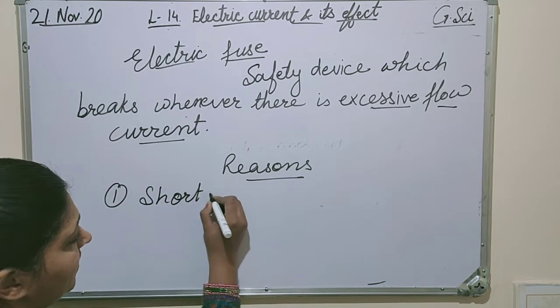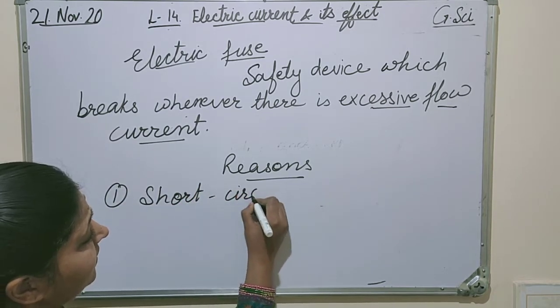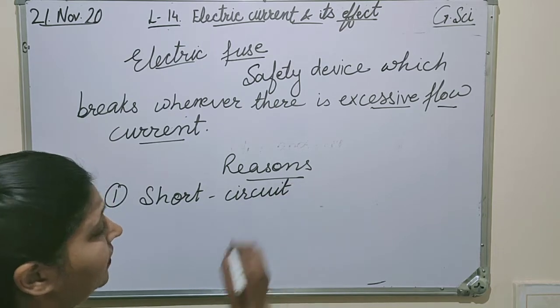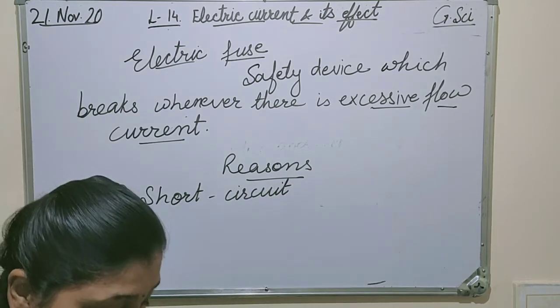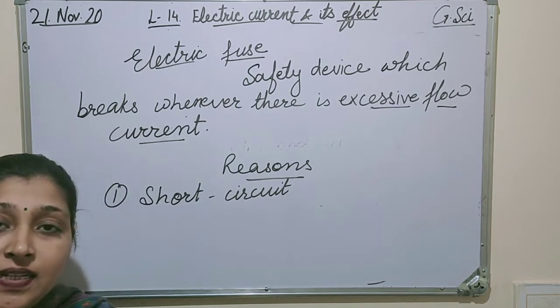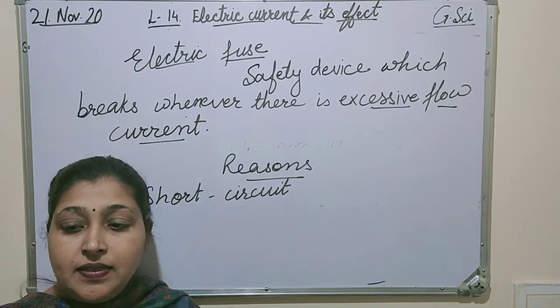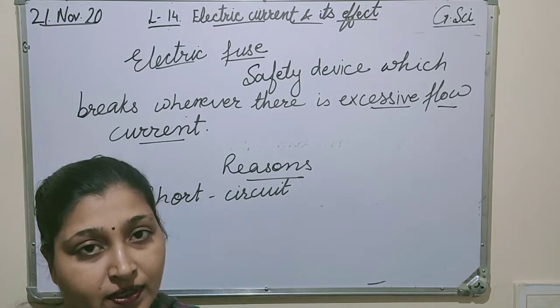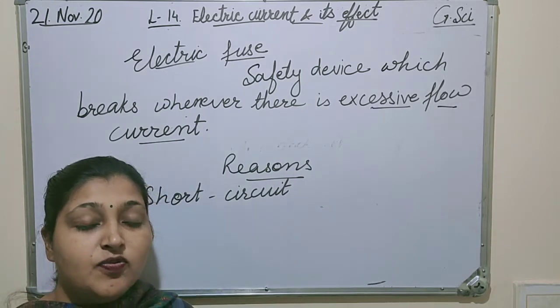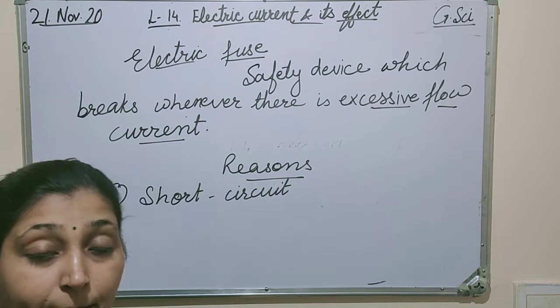Now what is short circuit? You have often heard the word short circuit. Whenever we set up a connection, you might have seen the plug. It has three components, which means we can attach three wires with the plug.